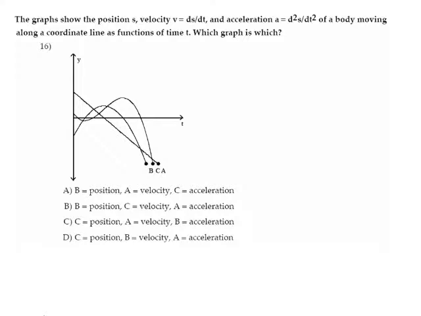Problem 16, you're given 3 graphs. One is going to be the position, the other is going to be the velocity, and the third would be the acceleration. So you need to look at these curves and see if you take the derivative of, say, the one you think is a velocity, does one of the other curves look like it would be the velocity?